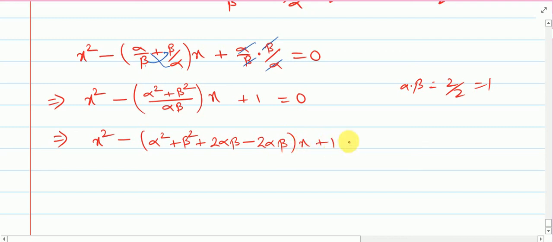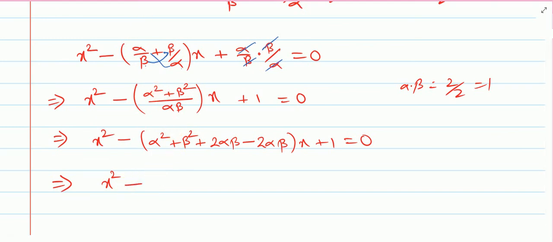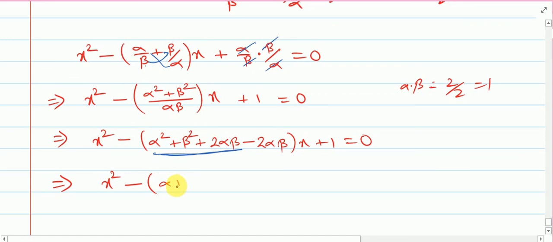This will not affect the value of the equation. Now you can see these first 3 terms can be written as alpha plus beta whole square. So you can write alpha plus beta whole square minus 2 times alpha beta, x plus 1 equal to 0.